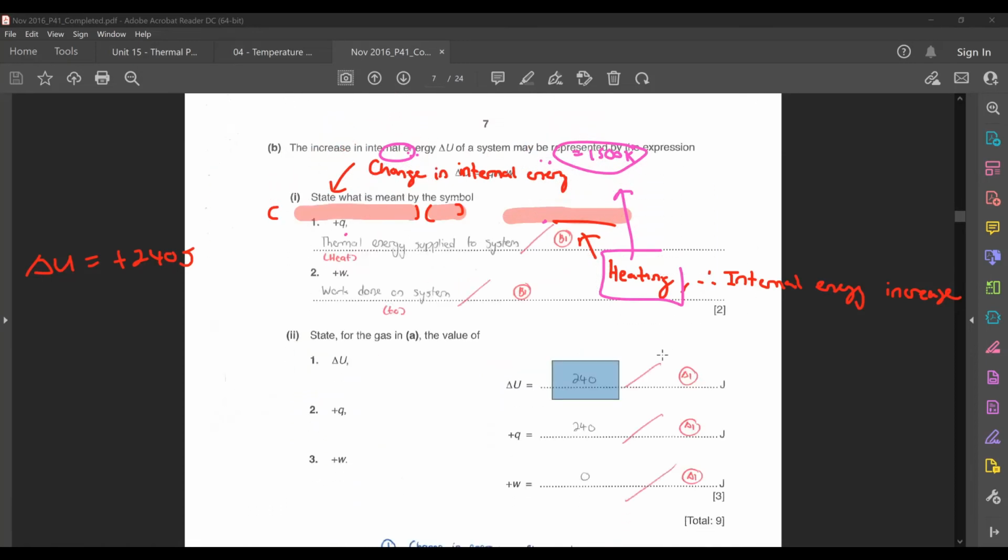So from there, you can also start to work out some of the other stuff. What is your positive Q? This one you need to relate back to your first law of thermodynamics equation.